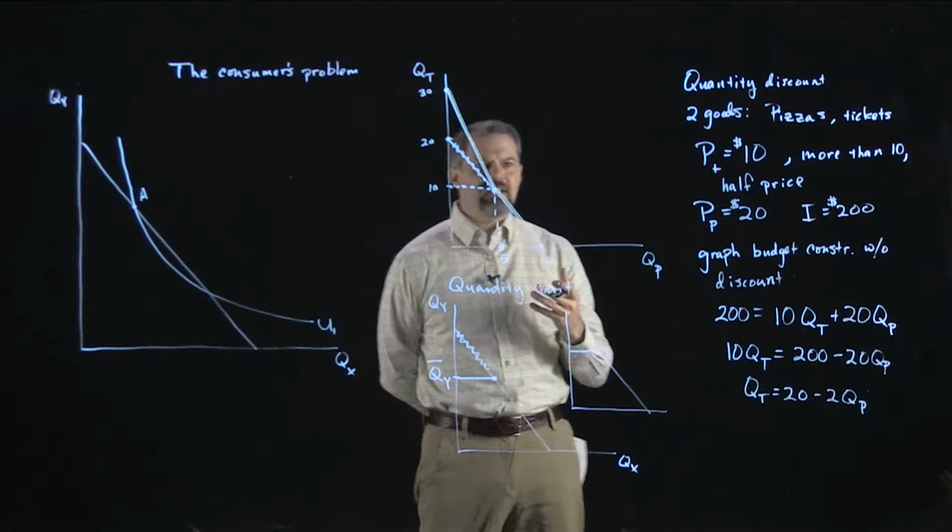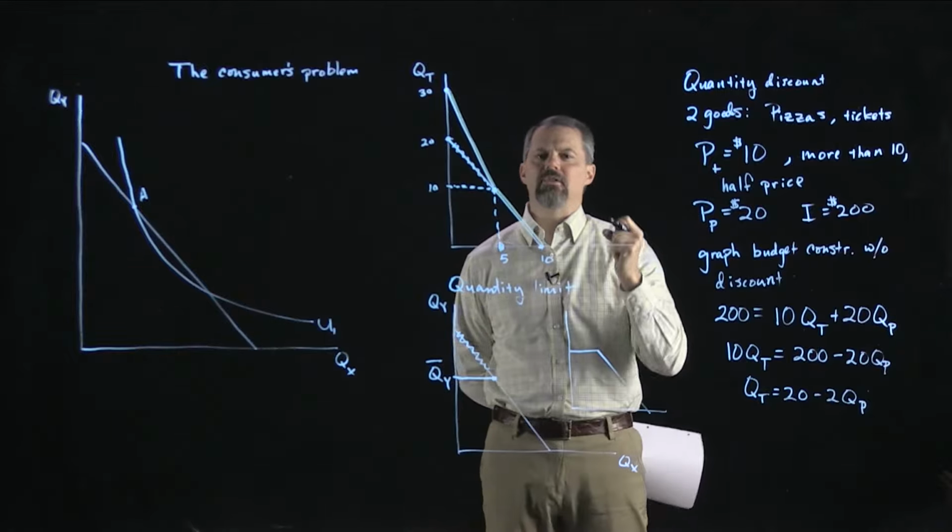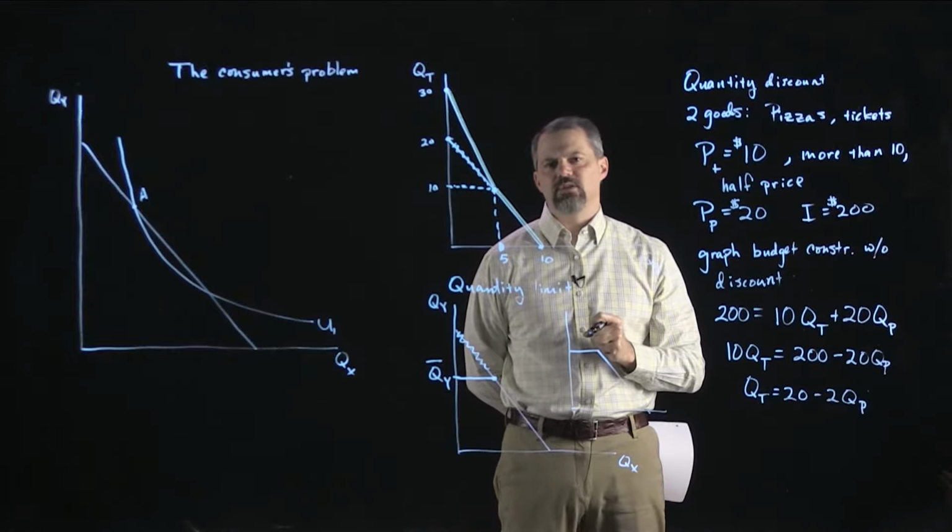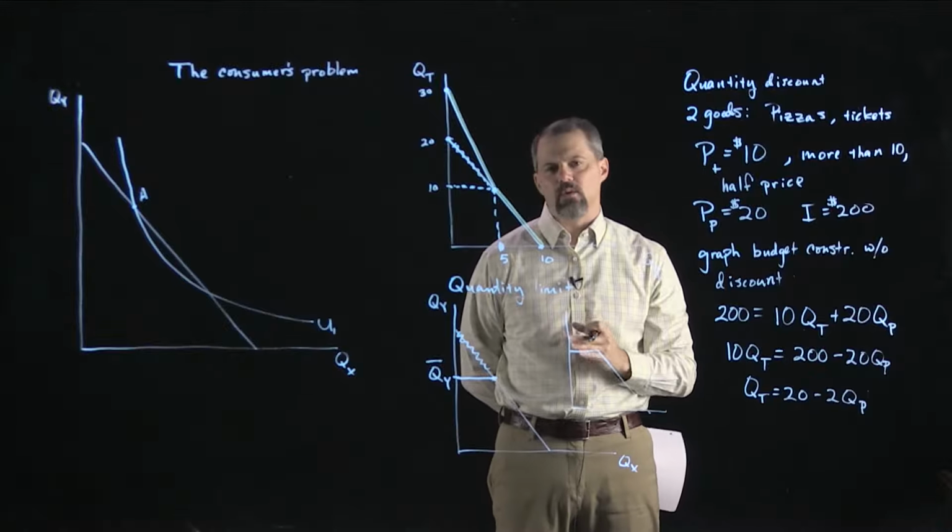So now that we have the indifference curve, we can think about whether or not bundle A would maximize utility, and we see real quickly that it won't.